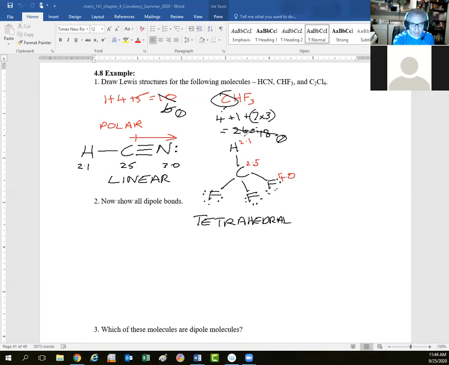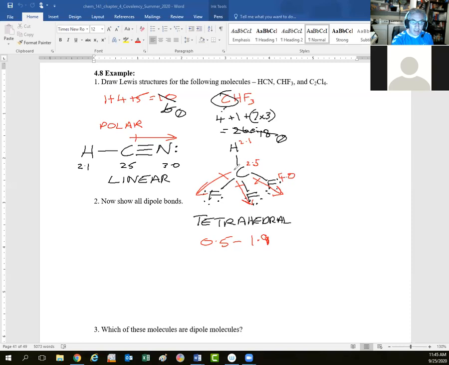So not significant, the difference in electronegativity between carbon and hydrogen. Remember our target range is 0.5 up to 1.9. 0.4 doesn't cut it. But with 1.5 difference between the carbon and fluorines, we have got 3 polar covalent bonds in this molecule. So they are pulling in slightly opposite directions. Remember, those 3 bonds are like the tripod stand legs of a camera.